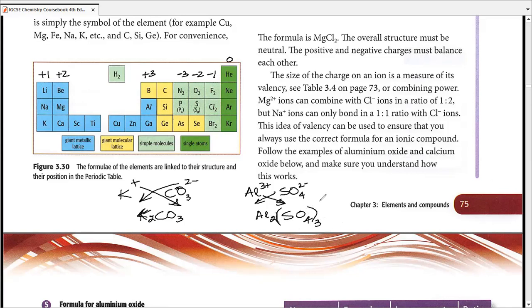We don't call it three, it's called thrice. After the brackets, the numbers are not named in the same way. 2 becomes twice, 3 becomes thrice. So it's not Al twice, it's Al2, but SO4 thrice. So Al2(SO4) thrice. That's how we pronounce it when we are answering our teacher orally out loud.